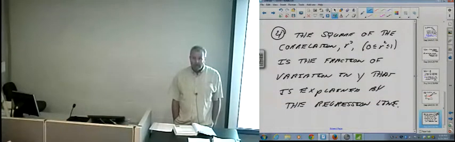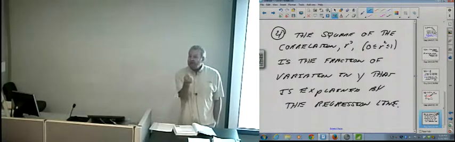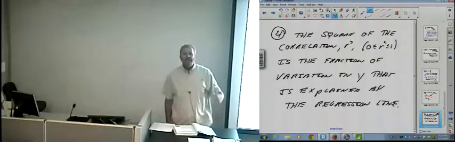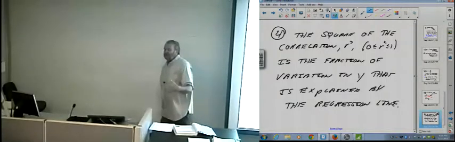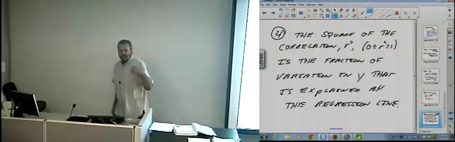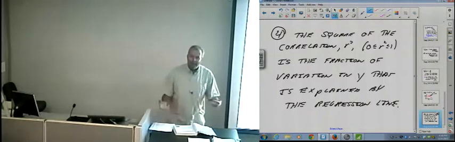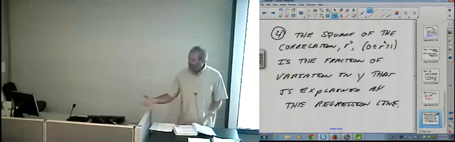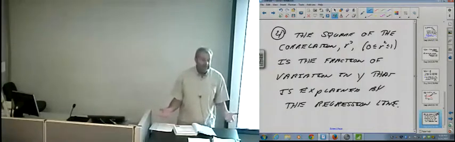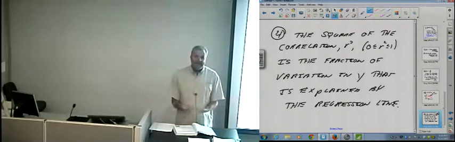All right? We turn that into a percentage. We move the decimal place 2 to the right. And then you start talking to me about the percentage of variation in the response variable y that is explained by the regression line. Now, I always try to tell you what the book tells you in case you read. And then I give you my take on it.